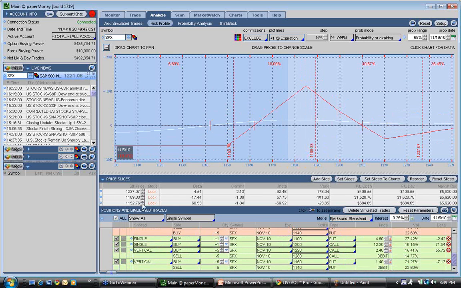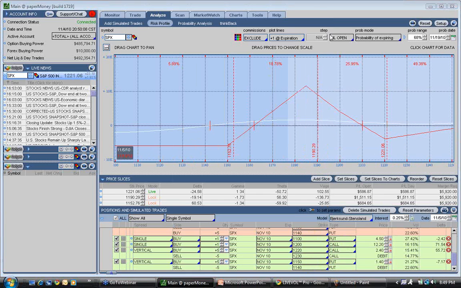You can see yesterday, when we closed at around 1190, this trade was up massive amounts of money. Today gave back $1,000.